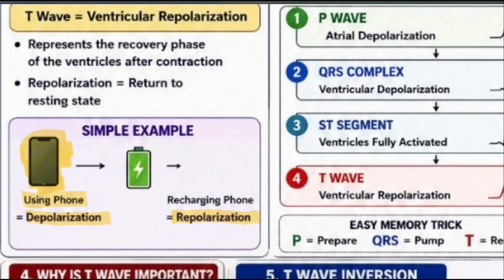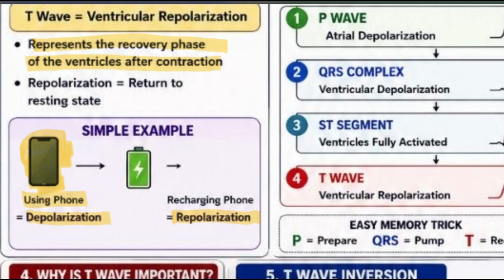Similarly, the heart contracts and then recovers, and whenever the heart recovers, the T wave appears. So repolarization represents the recovery phase of the ventricles, returning to the resting state after contraction.